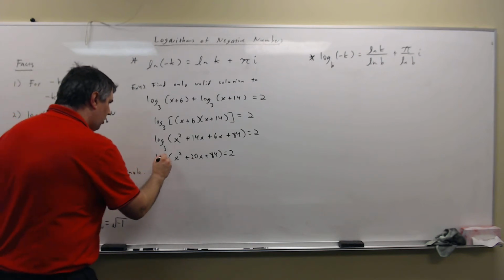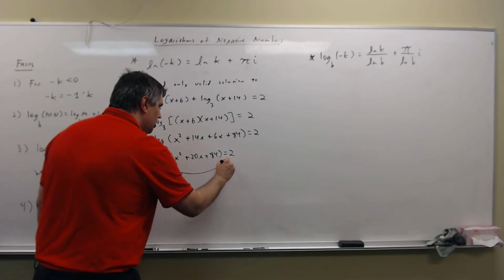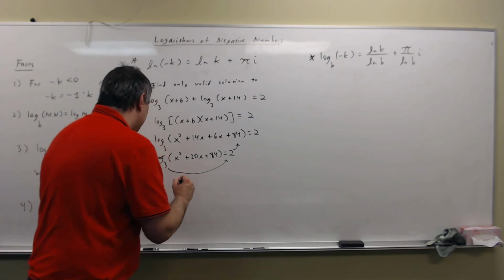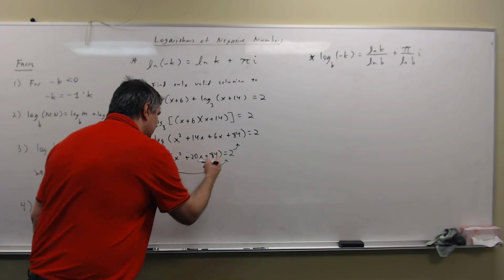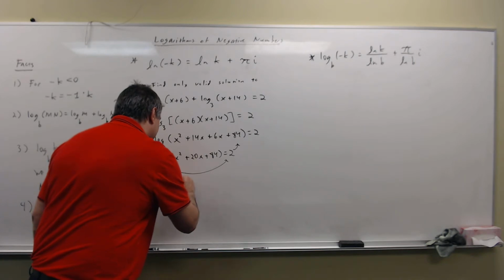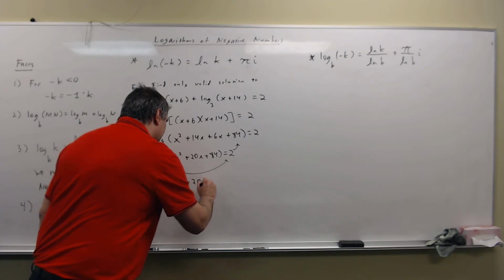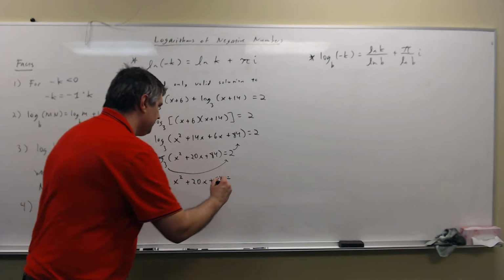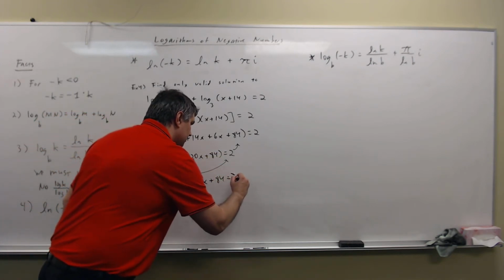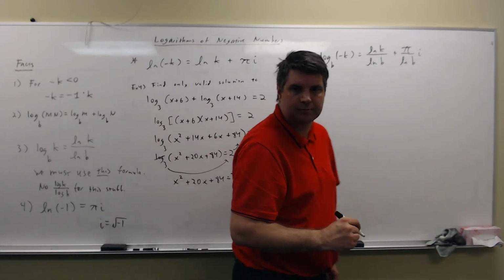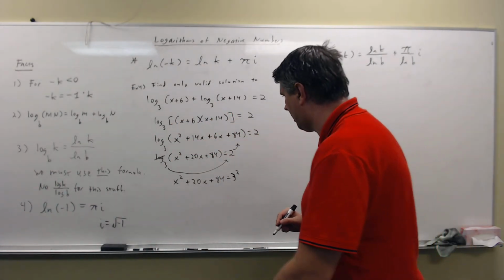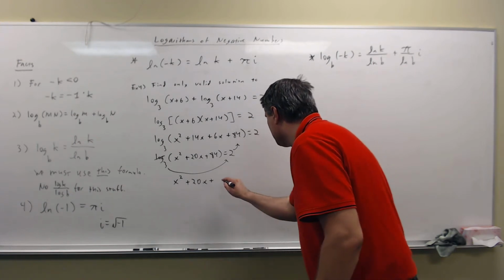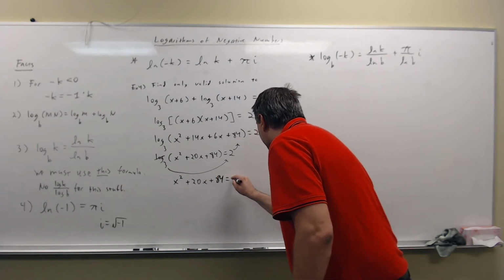I will dump the log, the 3 will go to the other side, and the 2 will go up into the exponent. So I'll have x squared plus 20x plus 84 equals 3 squared. All right, I'm going to try to write that more legibly, although the lower it gets, the harder it is for me to do that.